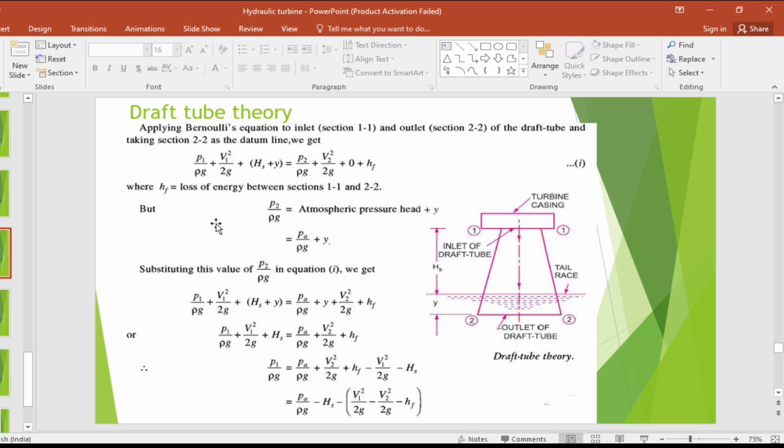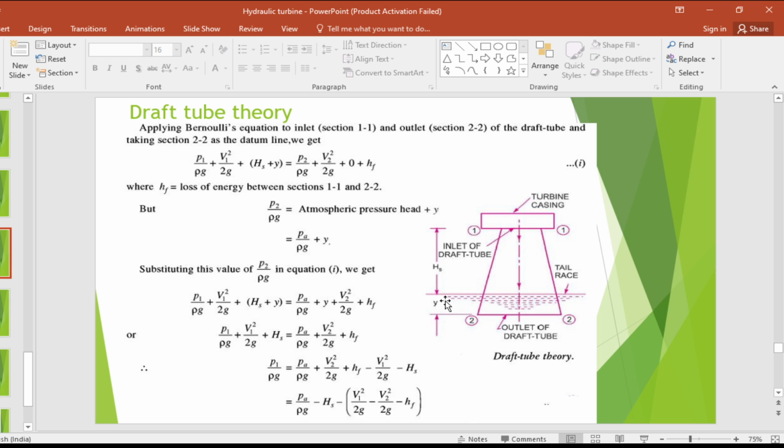Here in this figure you can see that a draft tube is shown. The upper side is the turbine casing. This is the inlet of the draft tube, the tail race of the whole plant, and this is the outlet of your draft tube. Now here, what is y in the figure?